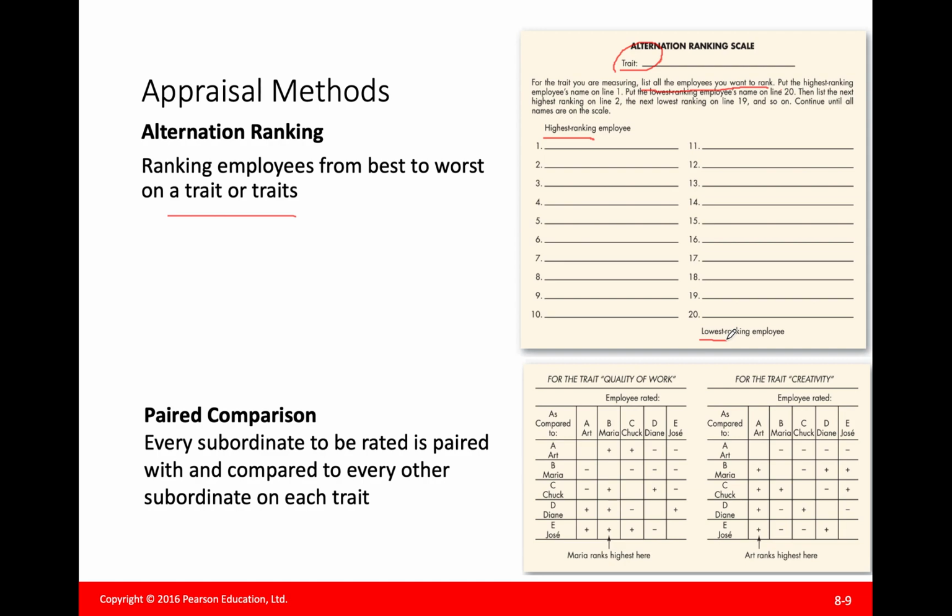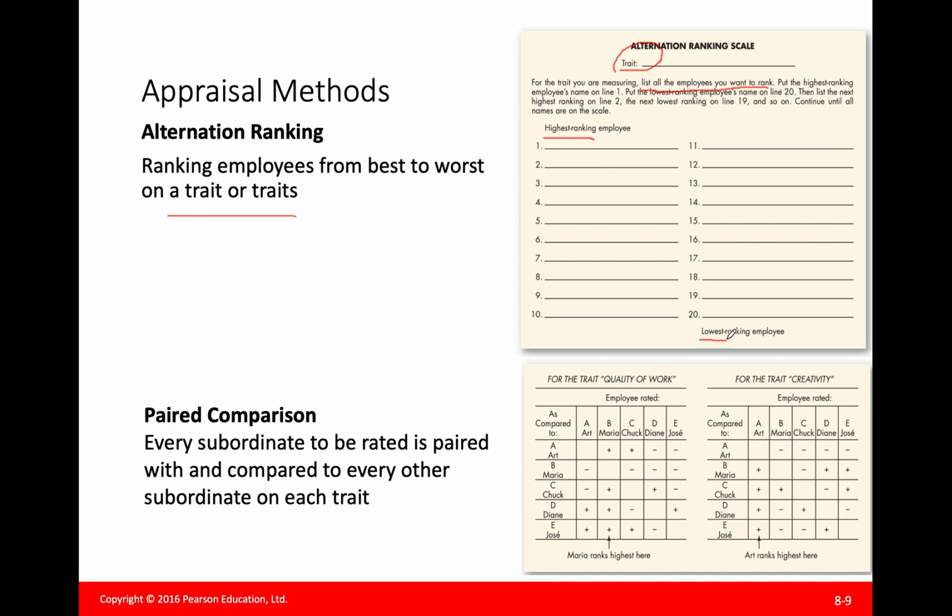It's the same as when we rank students in a class based on the marks they achieve. Number 1 student with like 9 marks, and number 10 student with like 1 mark. So it's very simple. We rank all of the employees on one scale from the highest to the lowest. This method is alternation ranking.